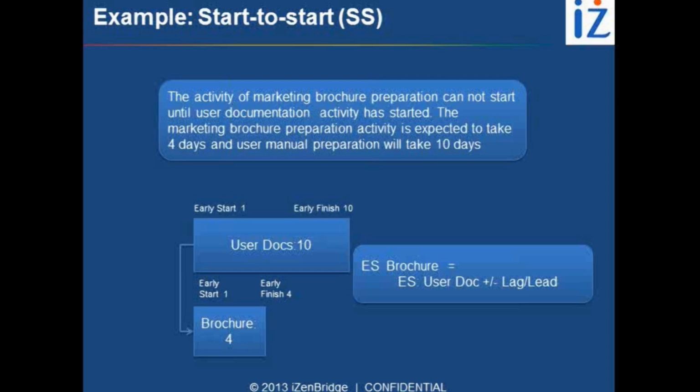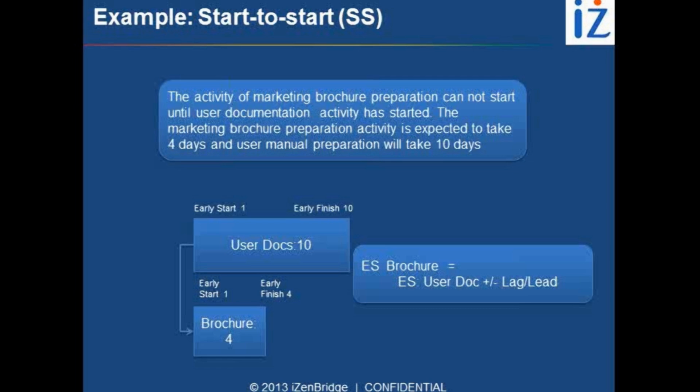So the early start of a brochure is the early start of user doc plus or minus lead and lag. So here also you may have a lead and lag concept. If user documentation is starting on day 4, the brochure can also start on day 4 if you do not have a lead or lag. But if you have a lag, it means wait. So if user documentation is starting on day 4 and the relationship is SS plus 1, the brochure preparation cannot start till day 5 because you need to wait.